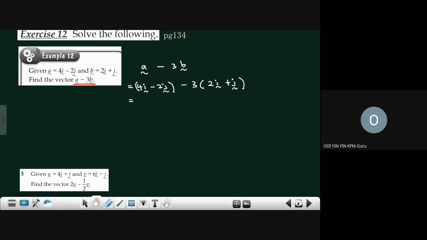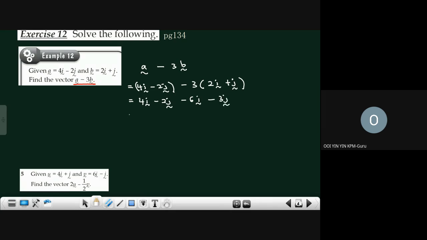Just like how you usually substitute x and y in an equation. Here it is 4i minus 2j, and then negative 3 multiplied with 2i becomes negative 6i. Negative 3 multiplied with 1j, no number means 1, so it becomes negative 3j.